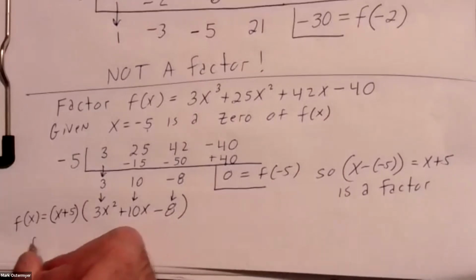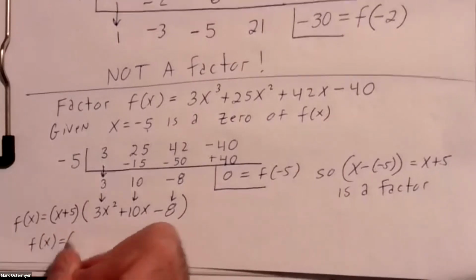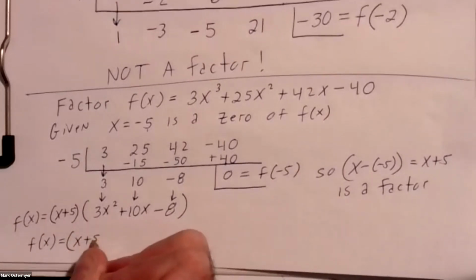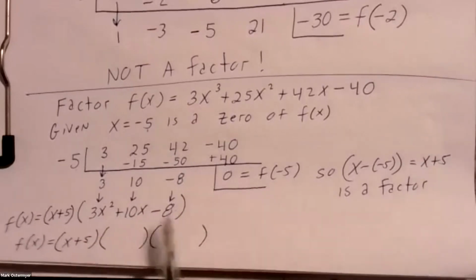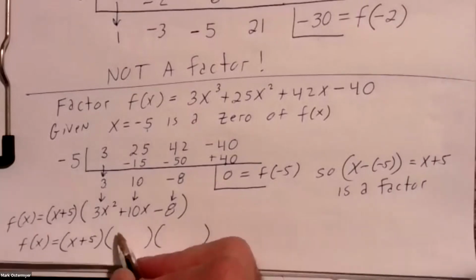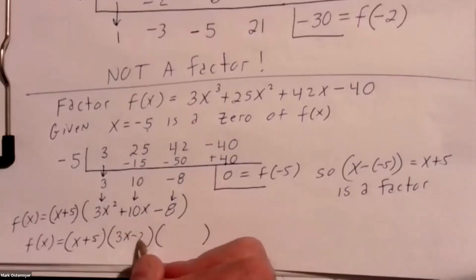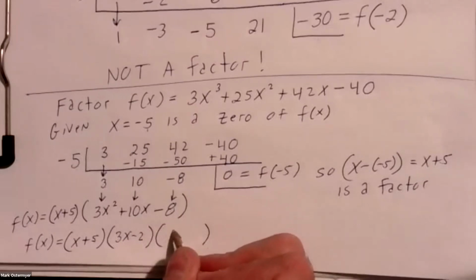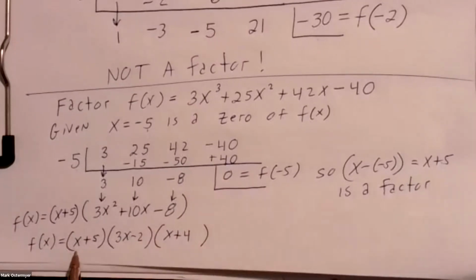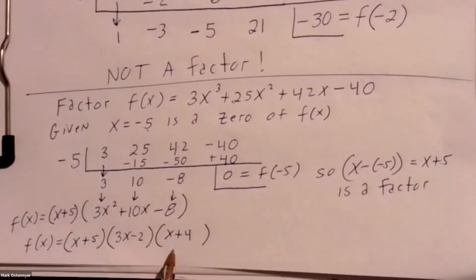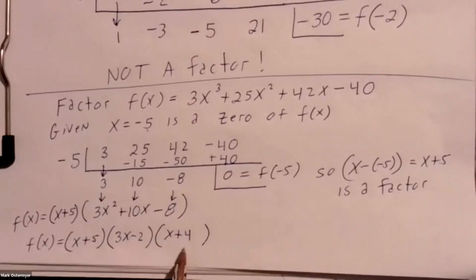I'm not going to take the time to factor that trinomial down, as we should pretty much know how to factor these types of trinomials, whether you use grouping or trial and error method, ladies and gentlemen. But this trinomial would further factor down into 3x minus 2 times x plus 4. Done.